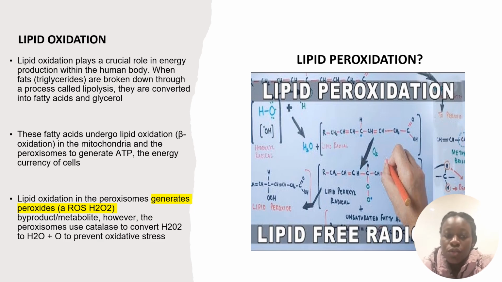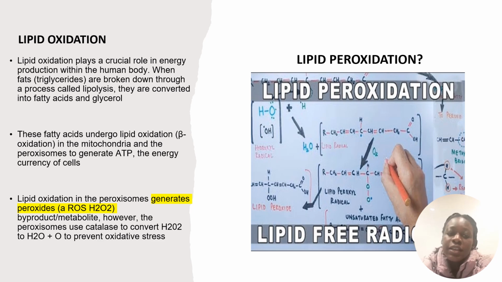Now, I would love to emphasize this highlighted area on the slide that says lipid oxidation in the peroxisome generates peroxides, reactive oxygen species, H2O2. Why is this important? I want to emphasize this because one of the theories that people talk about to explain the relationship between lipid oxidation and cancer is through lipid peroxidation.